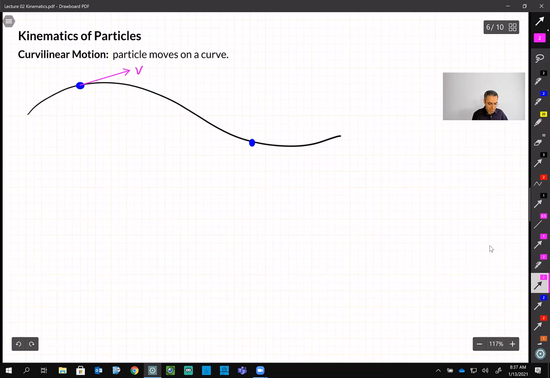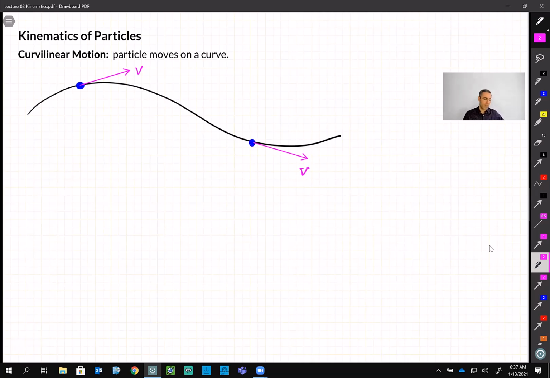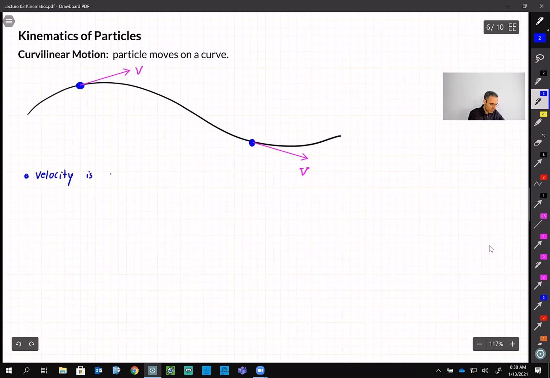And if it has acceleration, it also changes its value. Unlike the previous topic, rectilinear motion along a straight line, now velocity changes its direction. But we need to keep in mind that velocity is always tangent to the path.